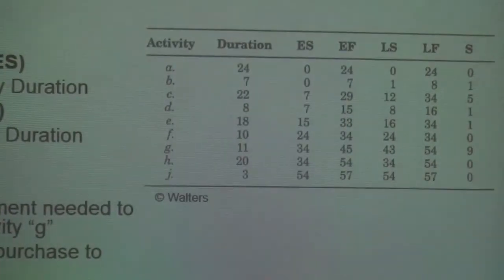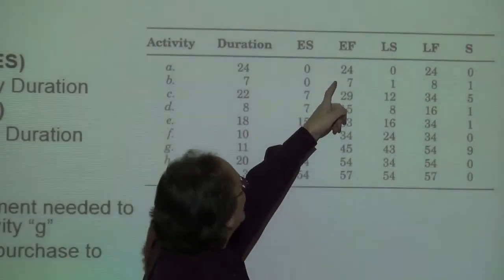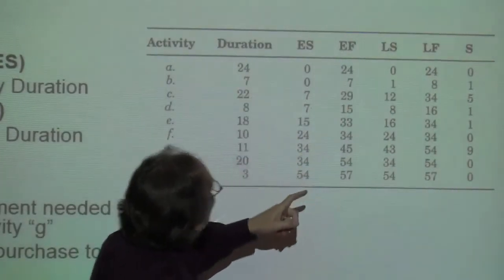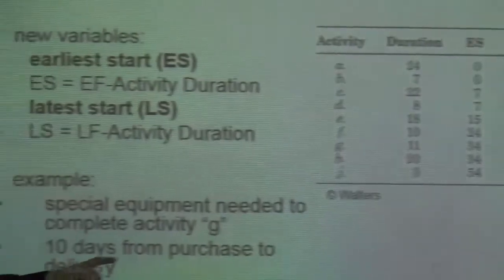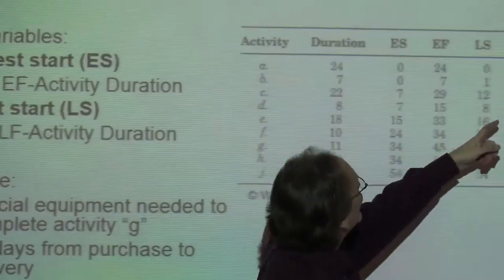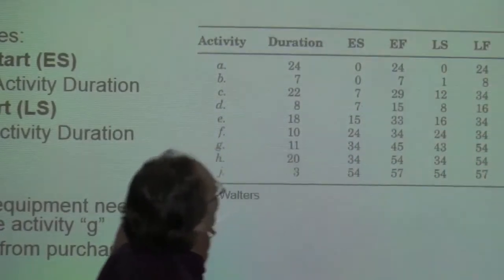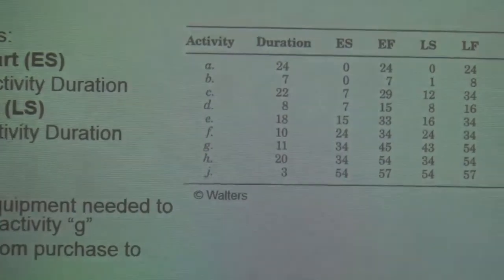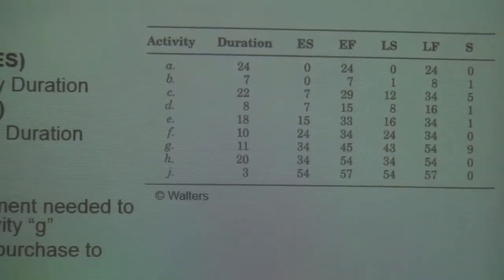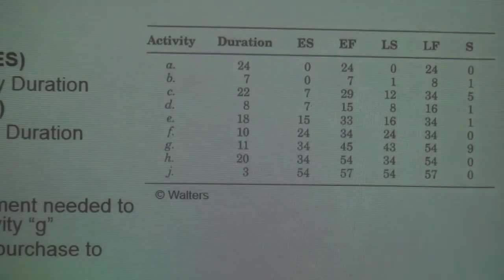The earliest start is the earliest finish minus the activity duration. And the latest start is the latest finish minus the activity duration. So it gives you a table then of how long you can wait to start each activity.